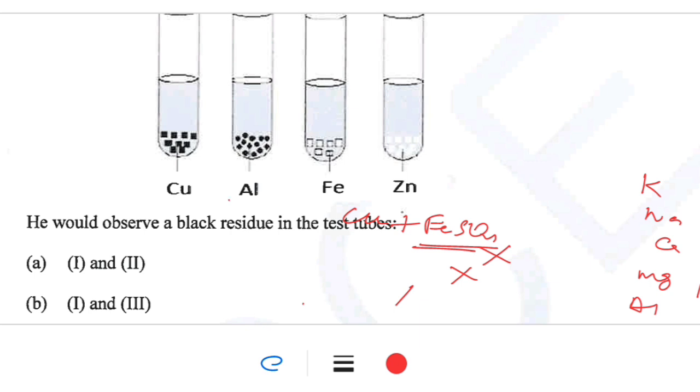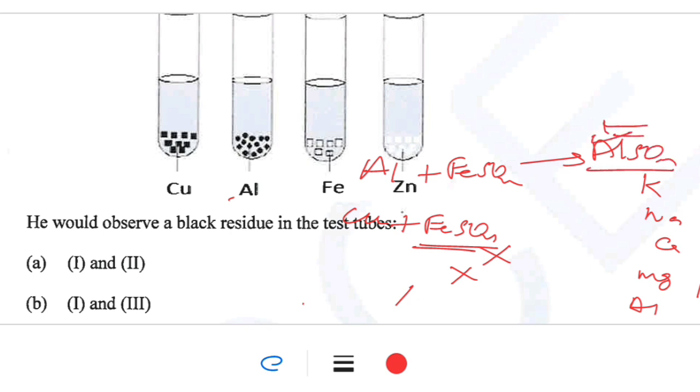But what about aluminum? When aluminum reacts with FeSO4, it gives us aluminum sulfate, which is black in color again. So aluminum sulfate is a black residue, so test tube 2 is going to be our answer.